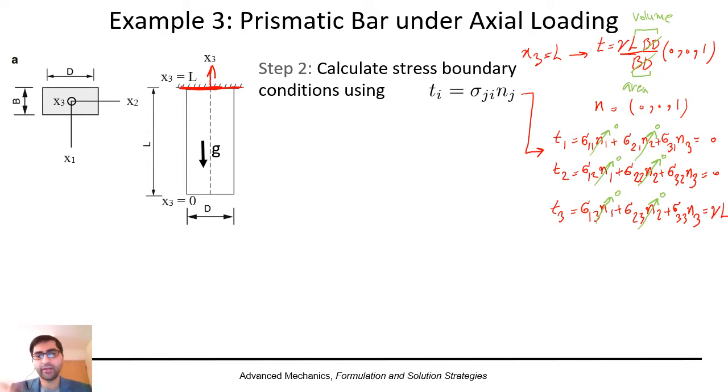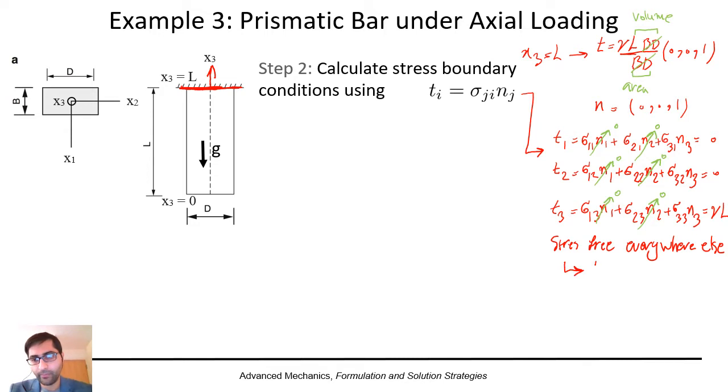Okay, by considering the boundary condition at other locations, for example, at x3 equal to 0 or at x1 and x2 equal to b divided by 2, we can say that it is stress-free everywhere else.